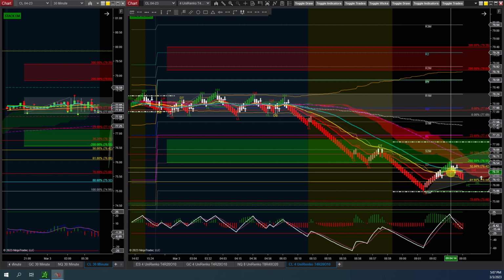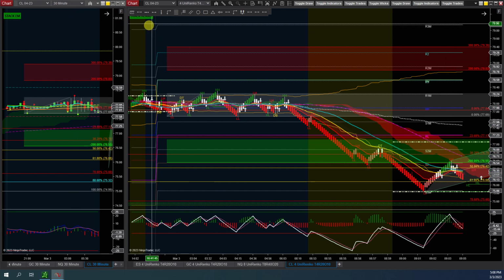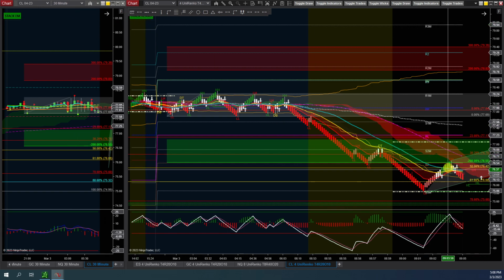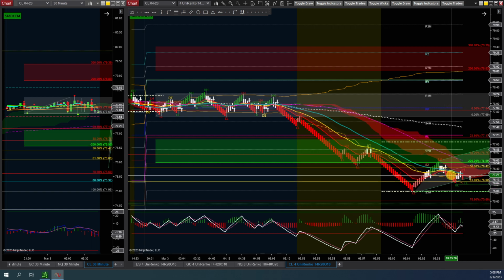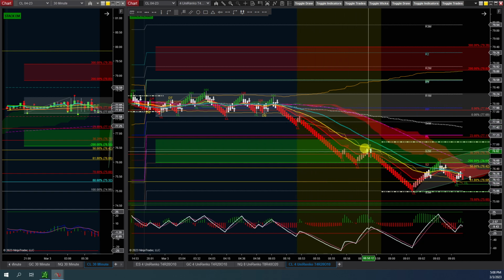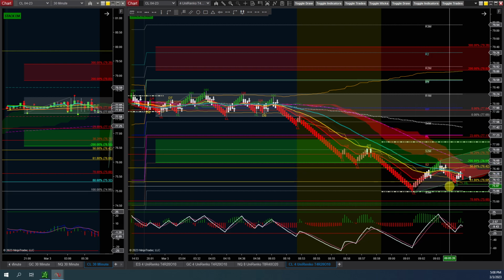However, this one is not a good one because the momentum is above the zero line, so it's a little bit confusing. And now the stacked Renko right here is red again, and it's moving down. But you see after these two waves, we are in consolidation now.